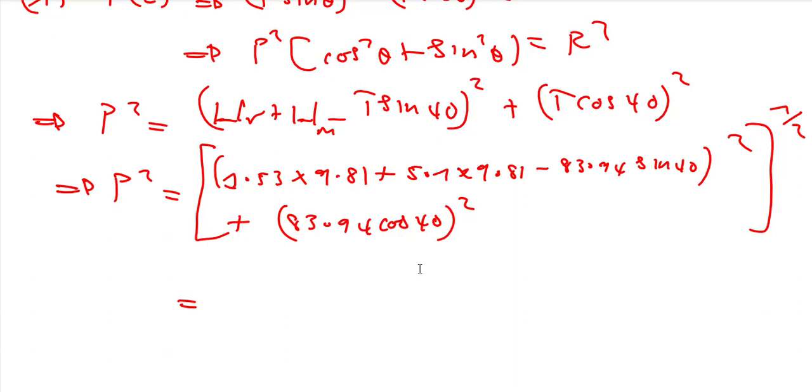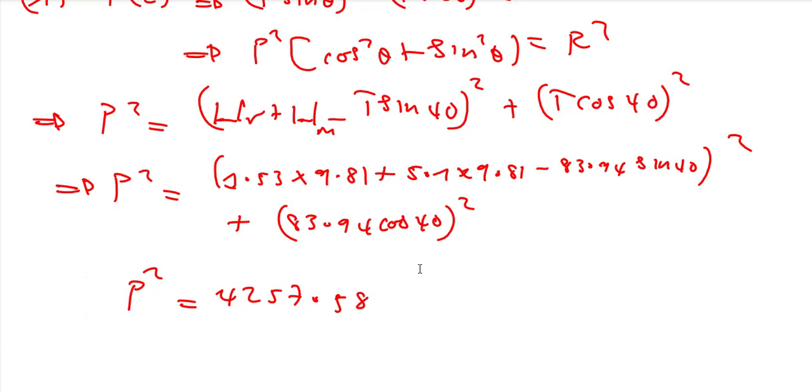If you punch it, P squared is approximately 4257.588 and so on. Upon the square root of all that, P will be equal to 65.25 Newton to 2 dps.